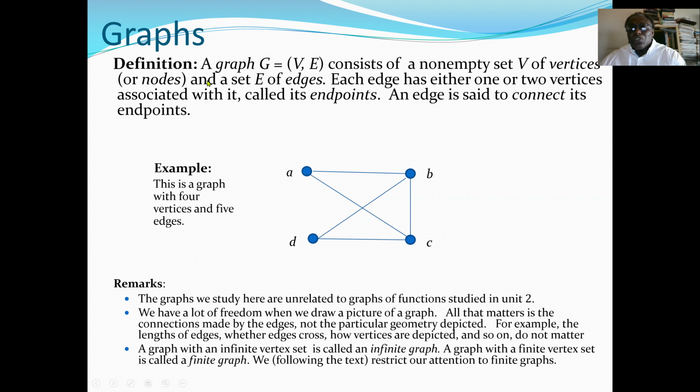So that's why the definition says a graph consists of a non-empty set V of vertices, or we use the term nodes, and also a set E of edges. Each edge has either one or two vertices associated with it, which we call the endpoints. Now, when an edge has only one vertex, then we have what we call a loop.